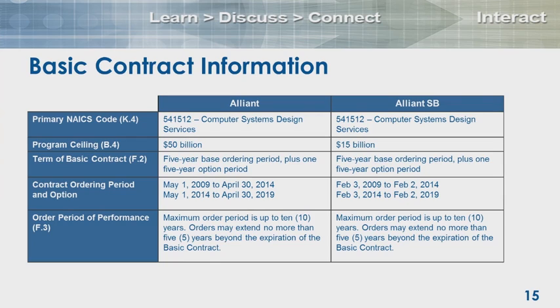For order period of performance, the maximum order period is 10 years, okay? However, orders may extend no more than 5 years beyond the expiration of the basic contract. So for instance, even though the Alliant GWAC will expire on April 30, 2019, it can go all the way out to 2024.